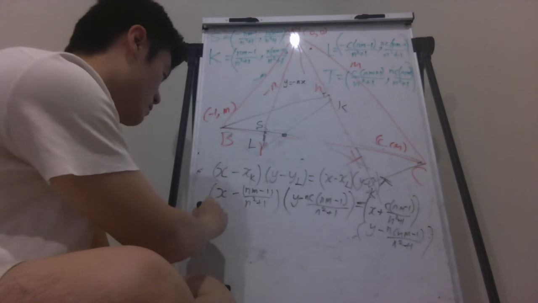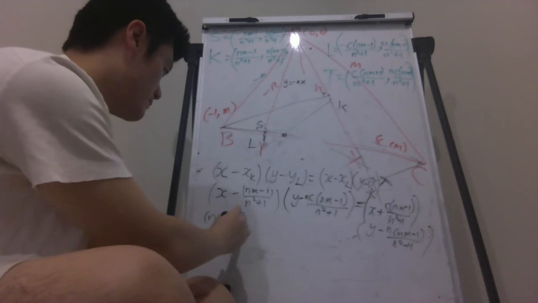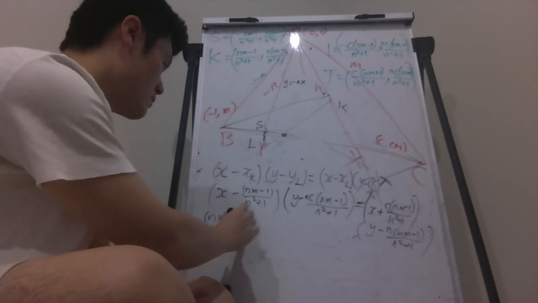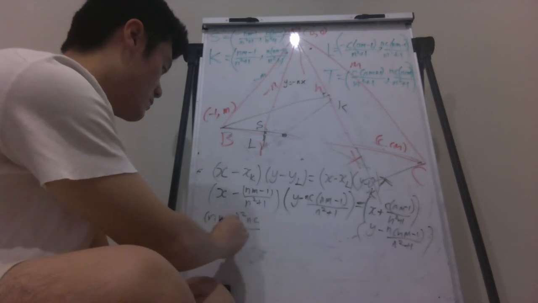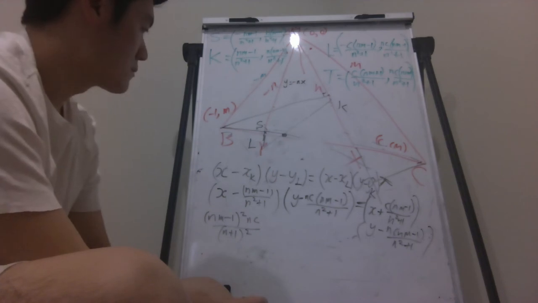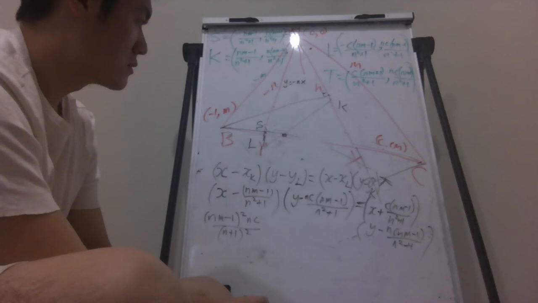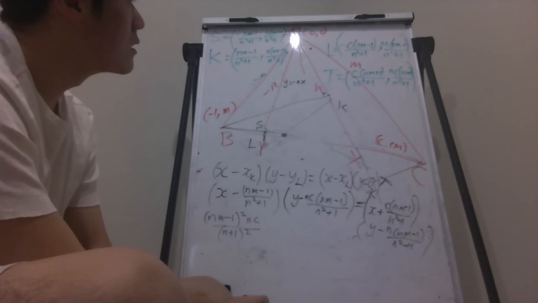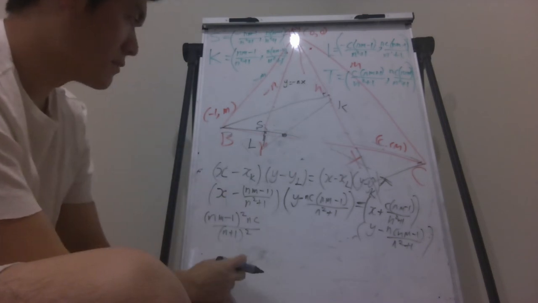So you get nm minus 1 squared, times nc on n plus 1 squared, plus the same thing, isn't it?